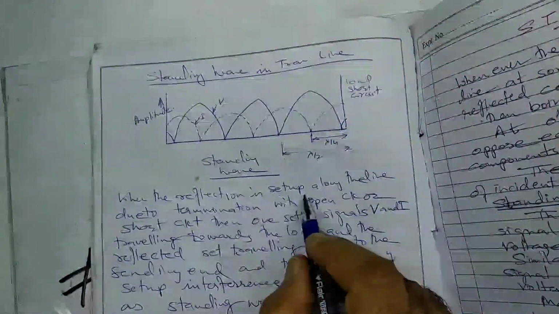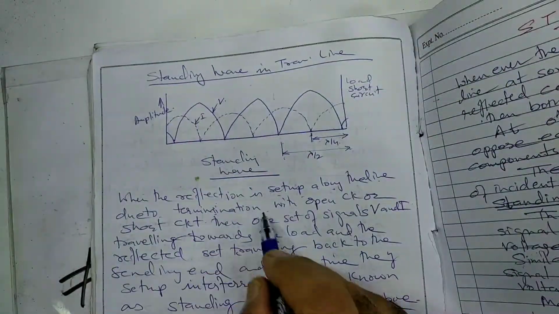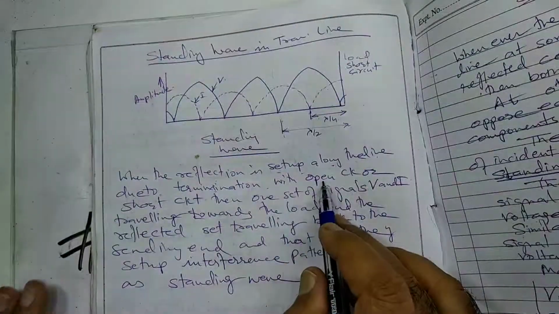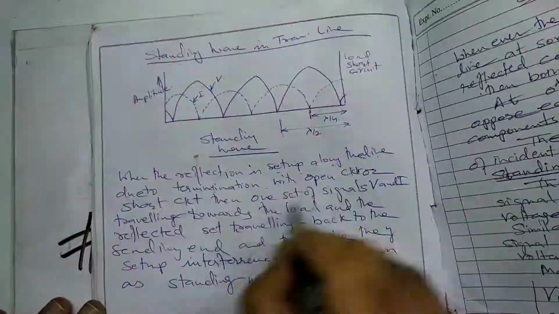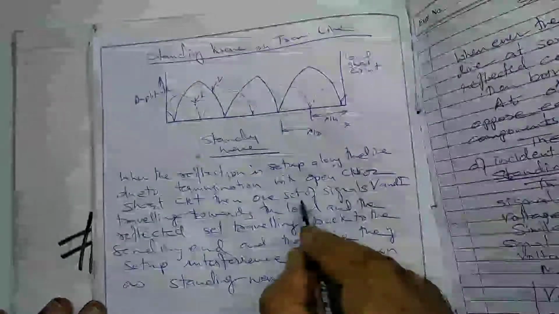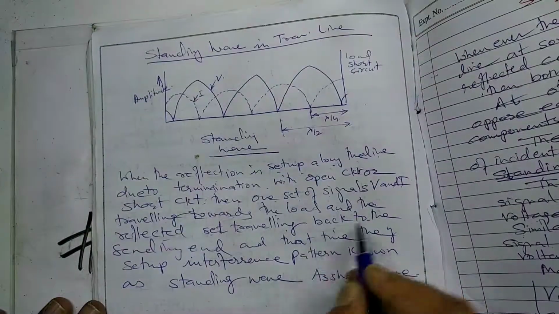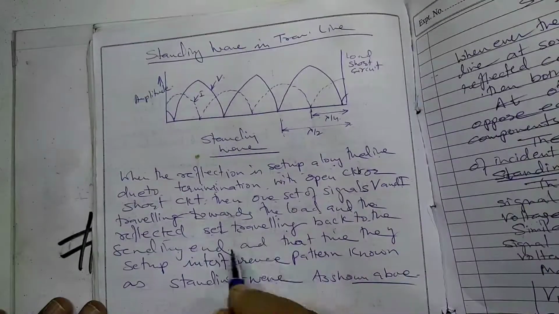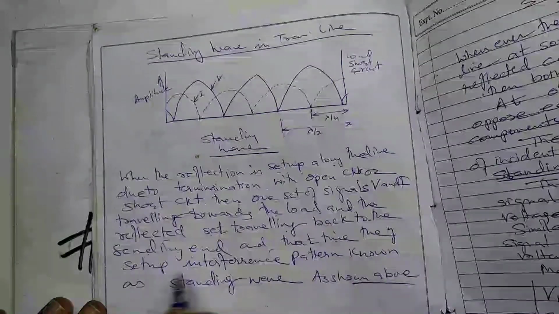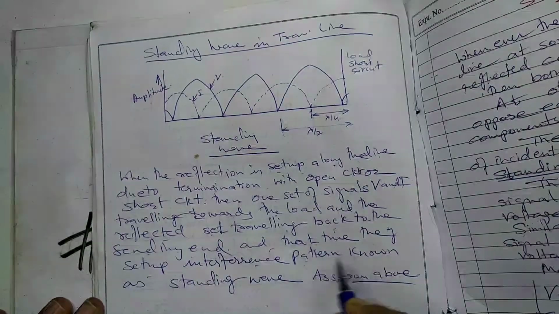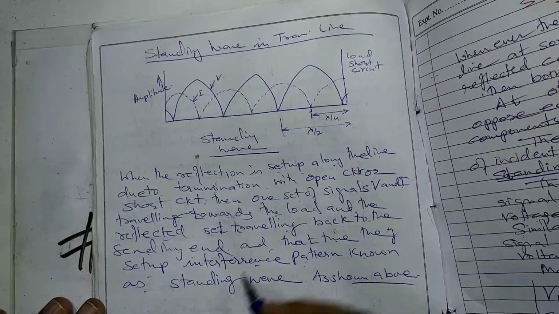When reflection is set up along the line due to termination with open circuit or short circuit, then one set of signal V and I travels towards the load and the reflected set travels back to the sending end. Then they set up an interference pattern known as standing wave, as shown above.